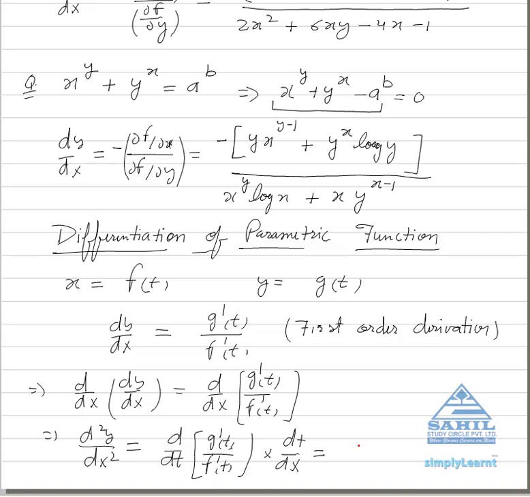It is in the form: f dash t whole square into (f dash t g double dash t minus g dash t f double dash t) into 1 upon f dash t. That is the method to find out the differentiation of parametric functions. I think it must be clear for you.